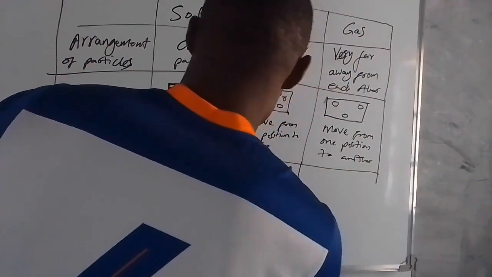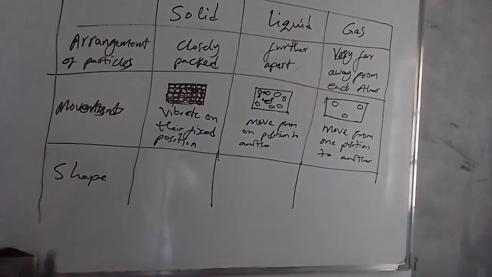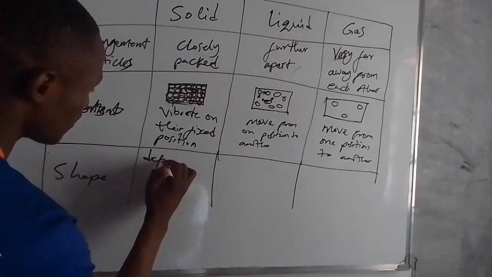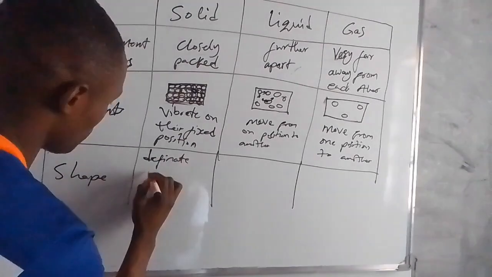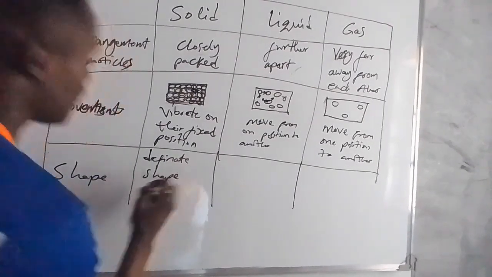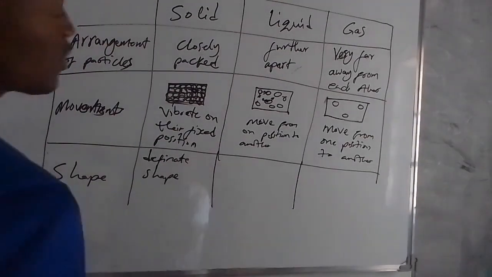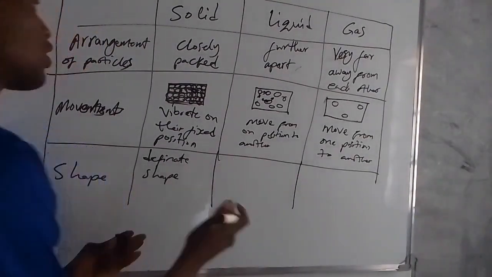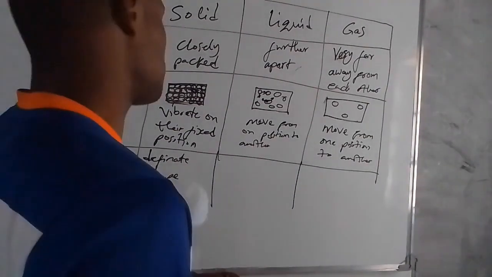How is the shape of solids? For solids, you find that they have a definite shape. Liquids don't have a shape.